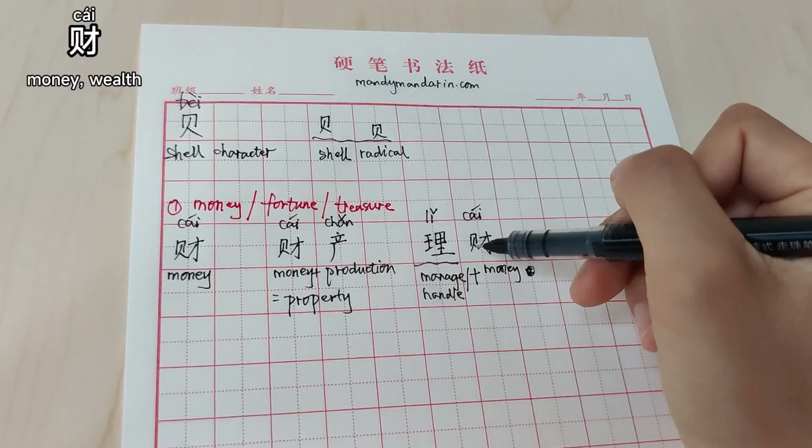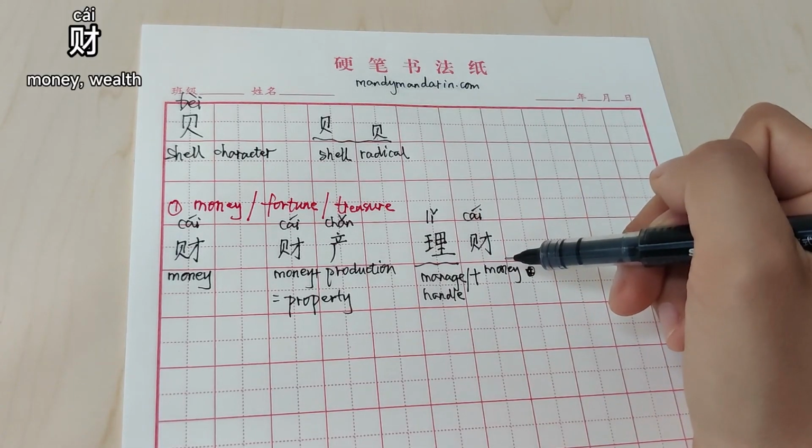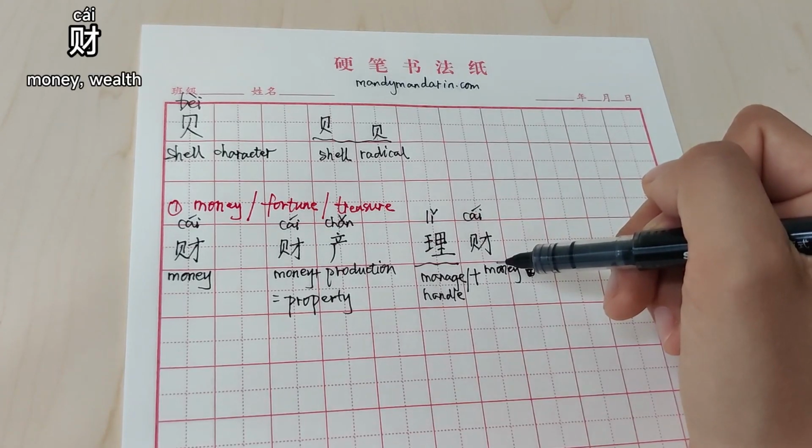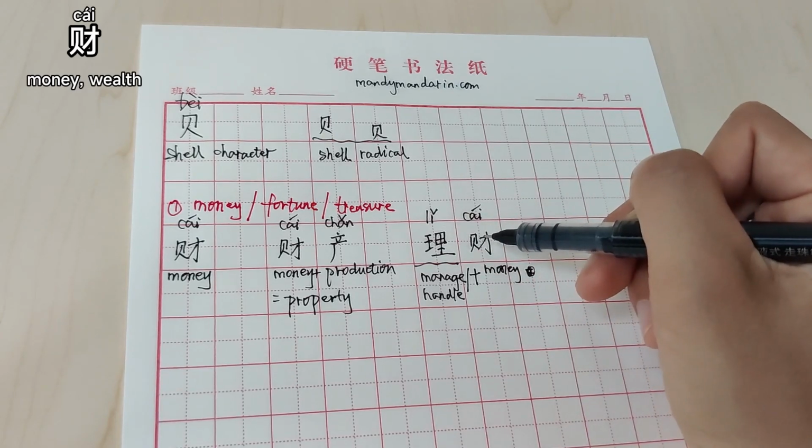So 理财 is to manage the money. Like you can do some investment or you can save it in the bank, etc.